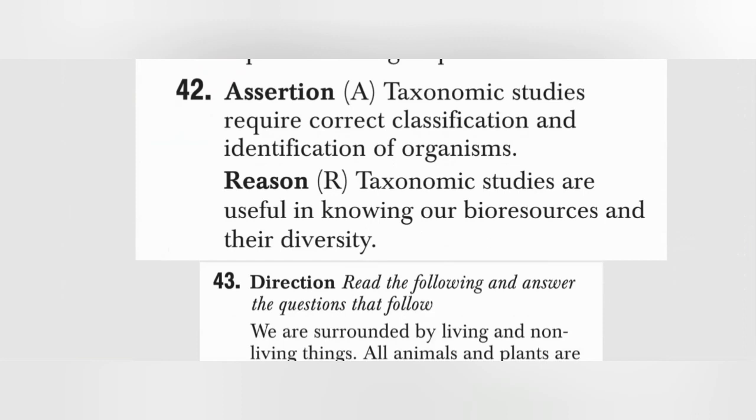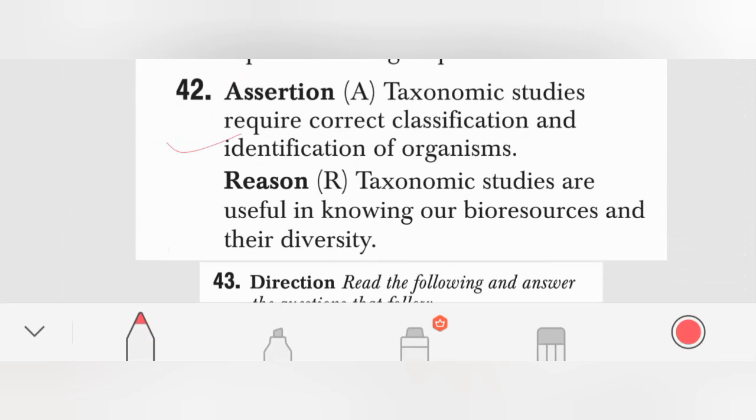Assertion: taxonomic studies require correct classification and identification of organisms. Okay, that is true. And reason: taxonomic studies are useful in knowing our bioresources and their diversity. Here both are true, but R is not the explanation. Okay, taxonomic studies of various species of plants, animals and other organisms are useful in various industries like agriculture, forestry, and in general in knowing our bioresources and the diversity.